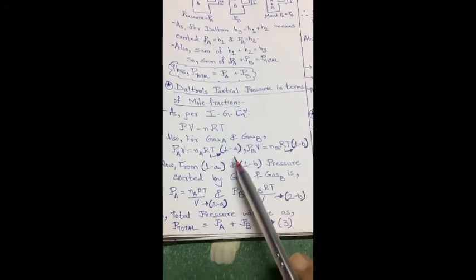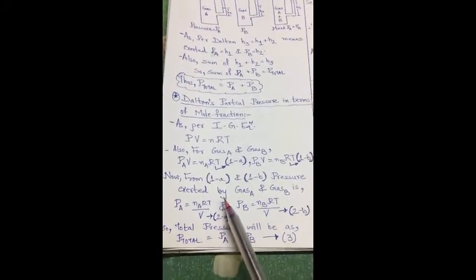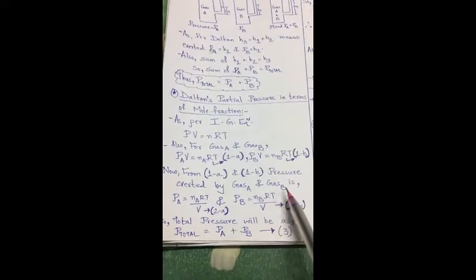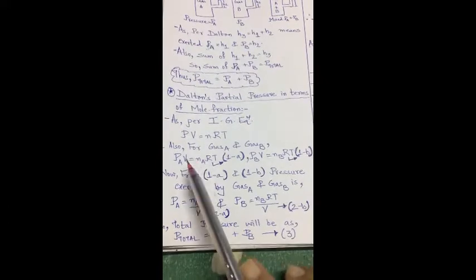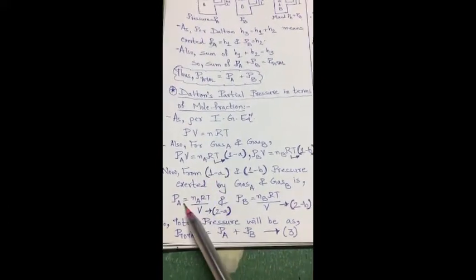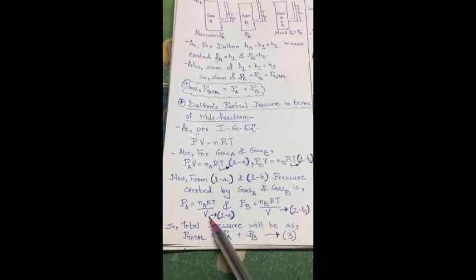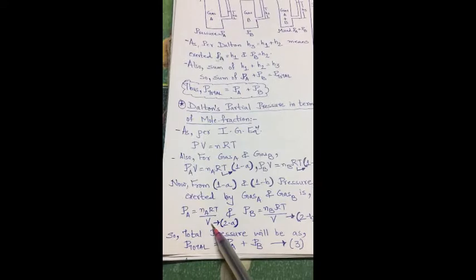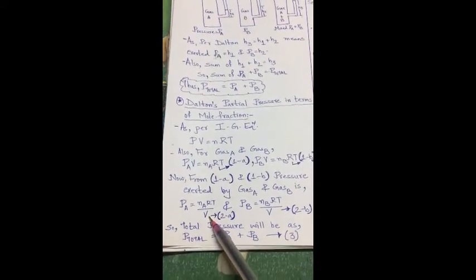Now from equations 1A and 1B, if the pressure created by gas A and gas B is to be calculated, then we will take volume on the right hand side and it will go to the denominator. So pressure of gas A is equal to nART by V, that is 2A, and it will be similar for the pressure of gas B, that is equation 2B.